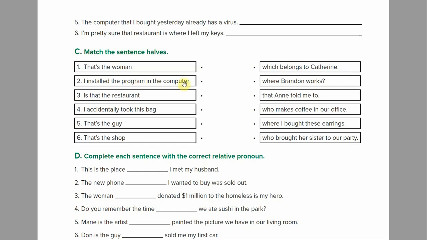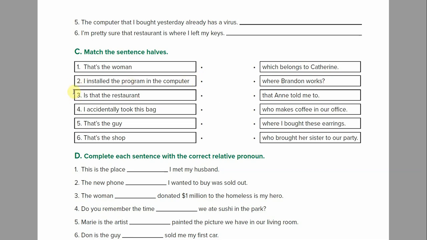I installed the program in the computer that Anne told me to, or the computer which belongs to Catherine. All right. That could be difficult. What do you think? All right. So let's skip that one. We'll come back to this one, okay?